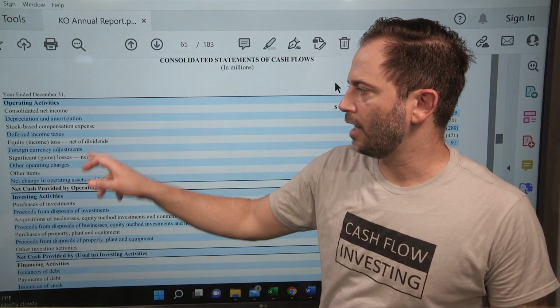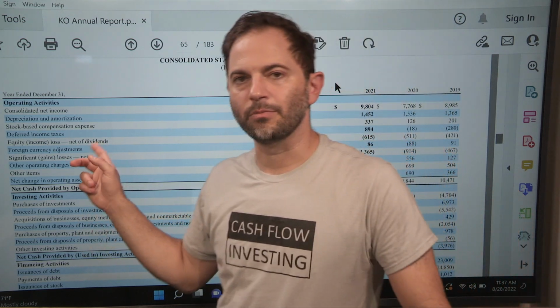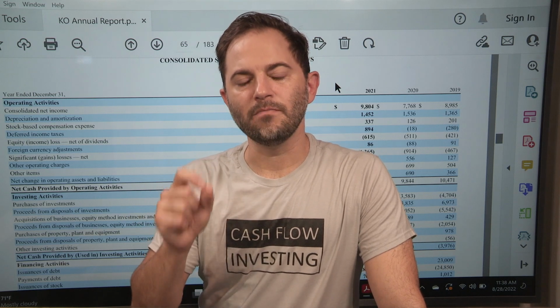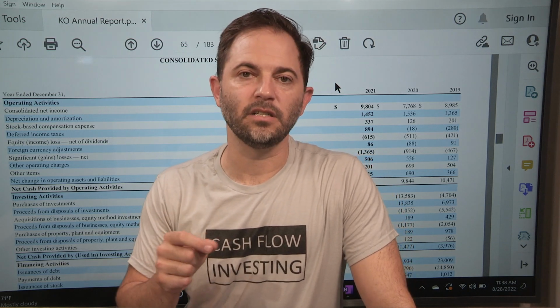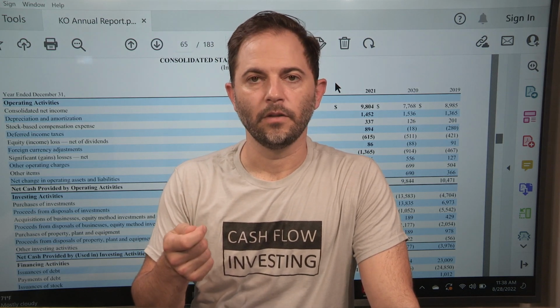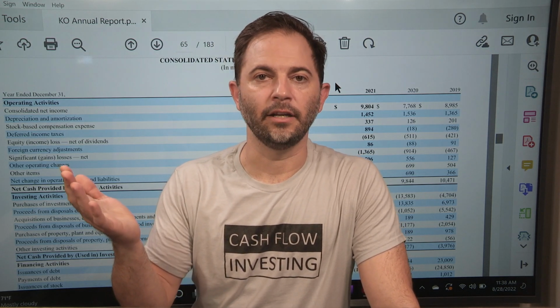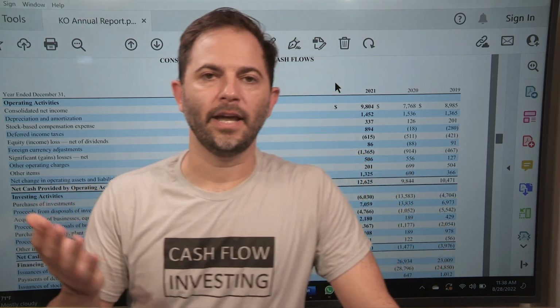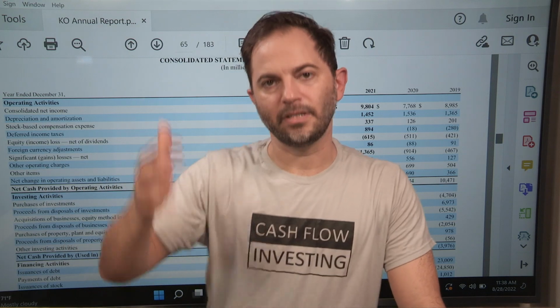Equity method, a loss net of the dividend. This is the adjustment. Remember I said the income statement has the equity method of accounting in it for businesses that Coca-Cola has purchased that they don't own 100% of. They represent them like if they own stock in, let's just say, Apple for some reason. If they had Apple stock, the price goes up and down.